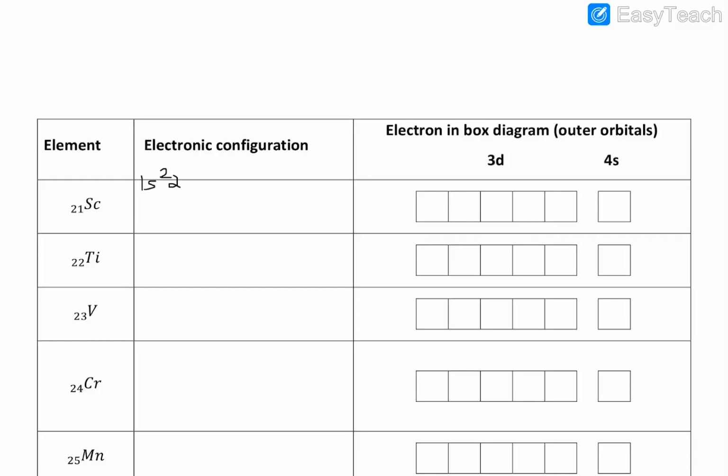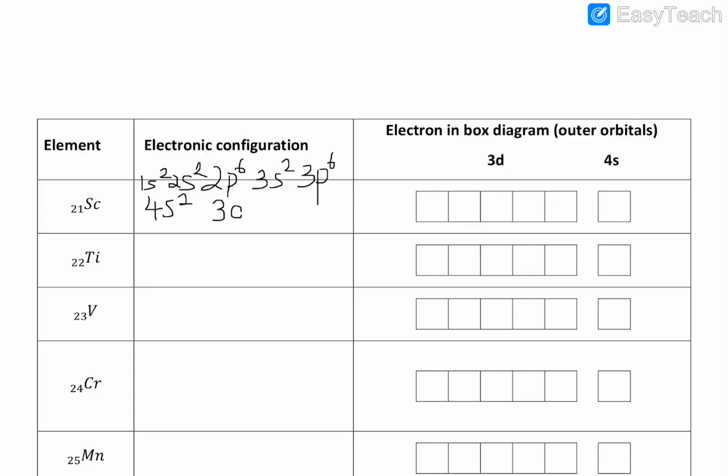I'm just going to write for everything, and then later on you can use Ar. So 1s2, 2s2, 2p6, 3s2, 3p6, and then we fill 4s2. So that's 20 now. Then the 21st is going to go in the D subshell.